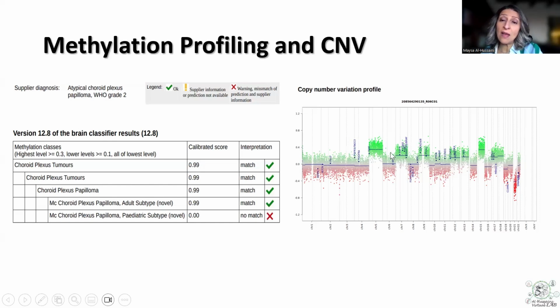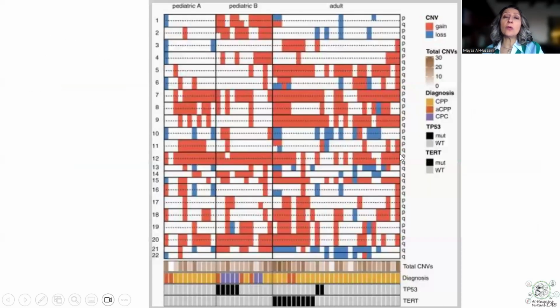And why I have highlighted these two in particular is because in a recent publication that looked into a number of choroid plexus tumors, their methylation profiling and the copy number variation associated with these tumors, typically a trisomy 5 as well as a trisomy 9 are the ones that differentiate the adult subgroup of choroid plexus tumors from the pediatric A and pediatric B subgroups.